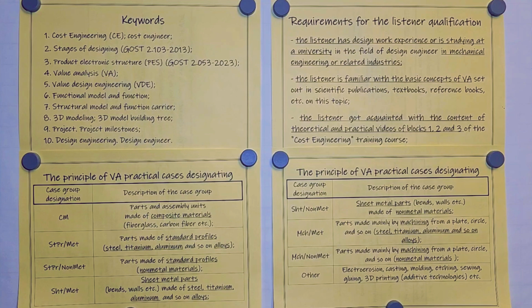In particular, below in this case we will consider the features of forming a model tree for the bicycle handlebar bolt already familiar to us, for example made by turning and knurling from a steel circle, and the front wheel hub, for example, made of aluminum forgings and machining. And in accordance with the above classification, the first section of the case will indicate MCH met.